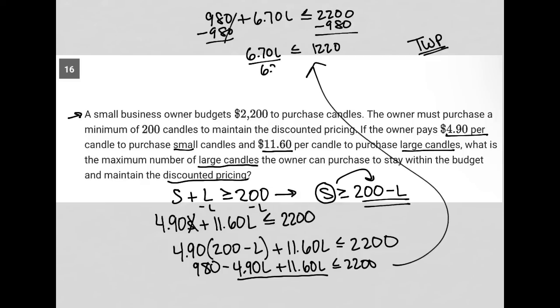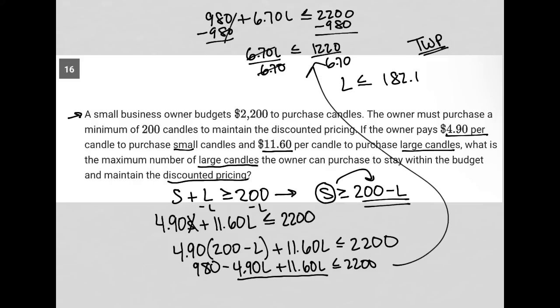Divide both sides by 6.7. And L is less than or equal to 182.1, let's call it.